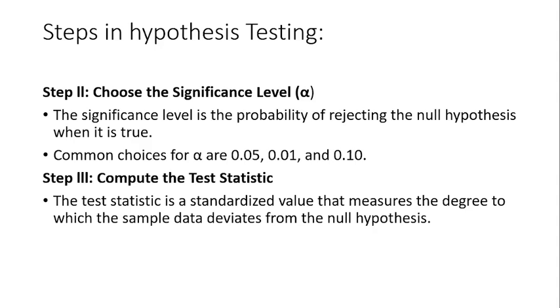You either choose 0.05, and depending on the area you are working, if you are working in the health sector, your alpha value should be 0.01, because 99% should be correct. Because if you make a 5% error, 5% of 1 million people is 50,000 people.